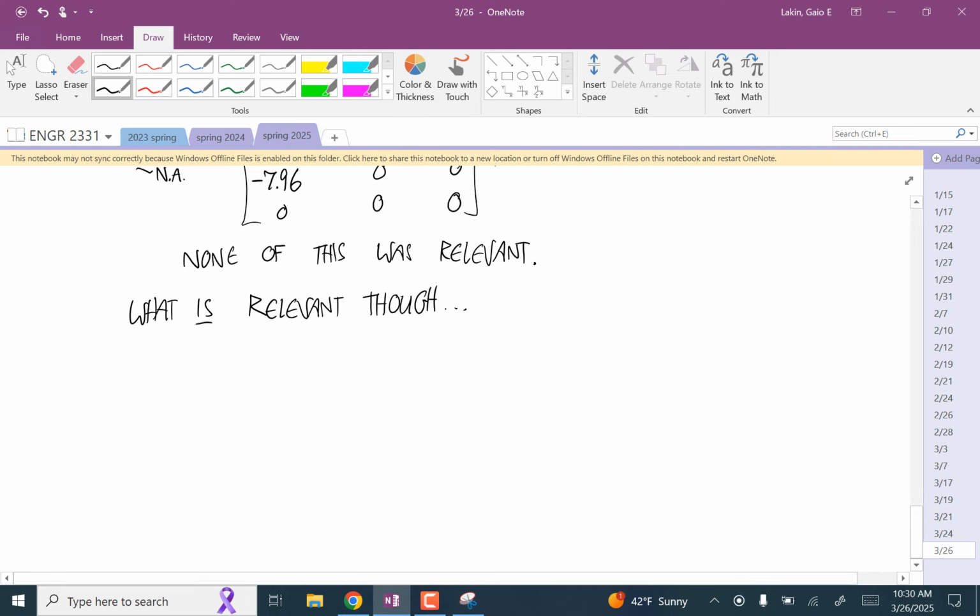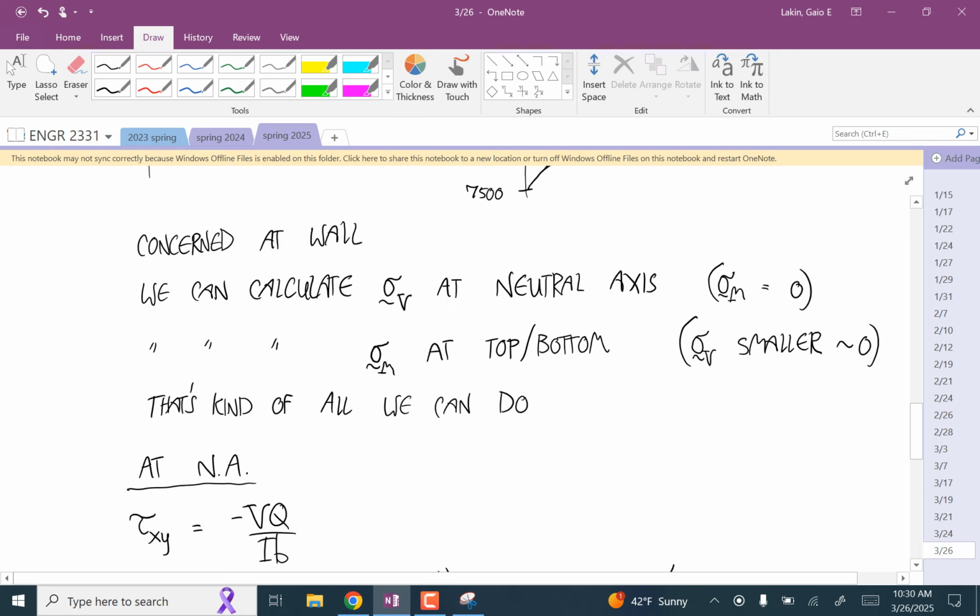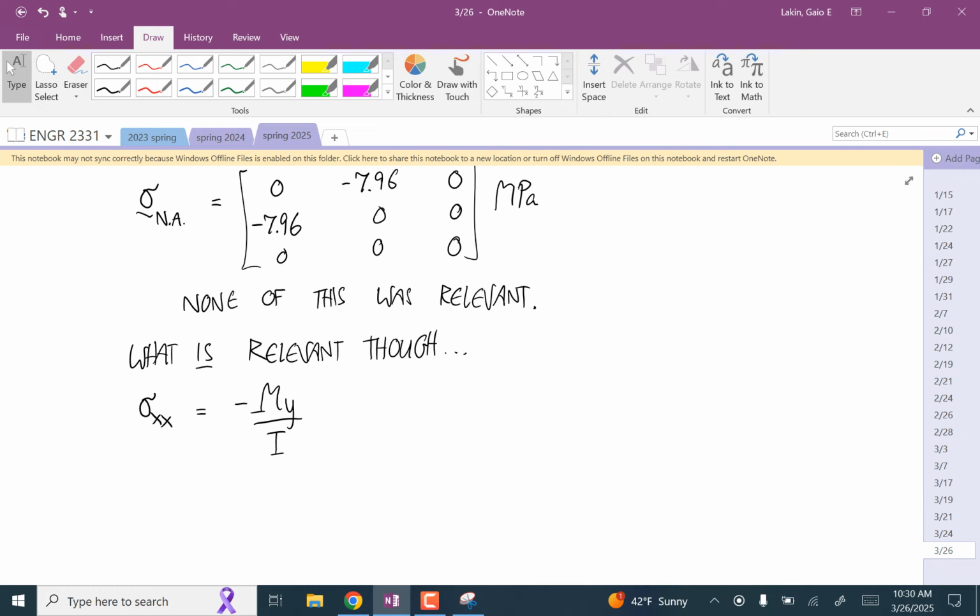So we are going to use sigma xx is equal to negative My over I. And our bending moment is negative 7,500.